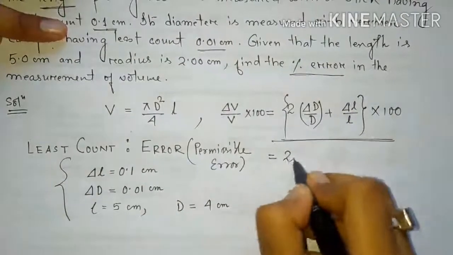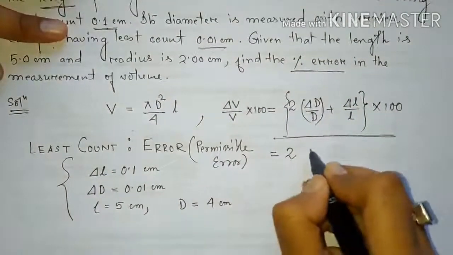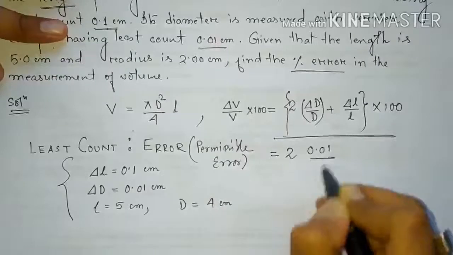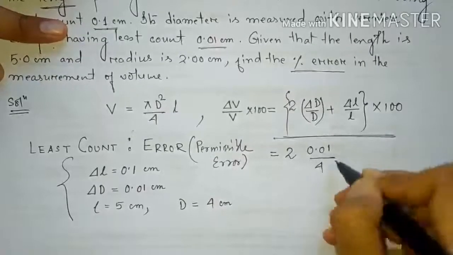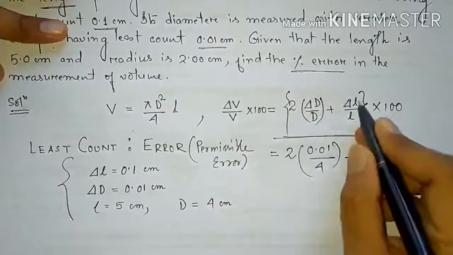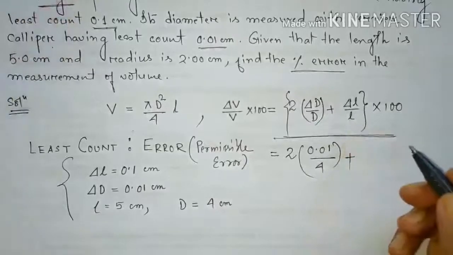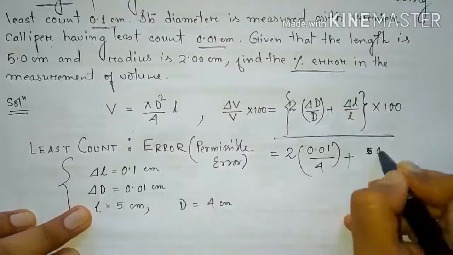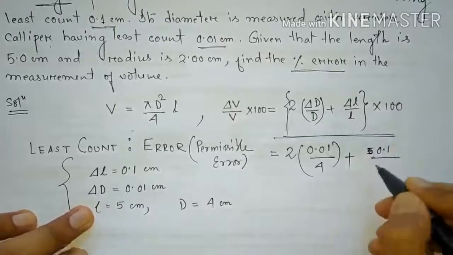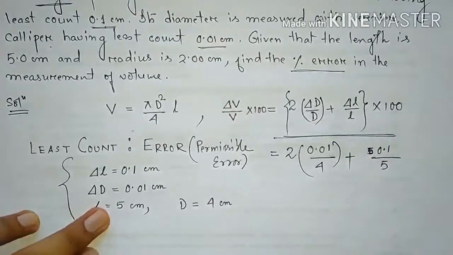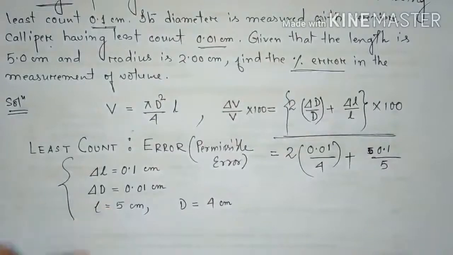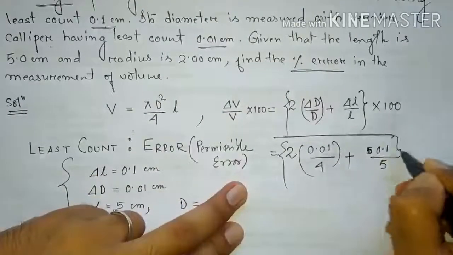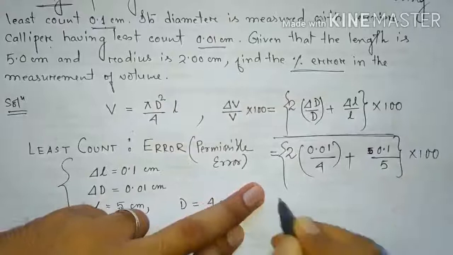Let us put these values one by one here and find the ultimate value. So 2 into delta D by D. Delta D is 0.01 divided by D, which is 4, plus delta L by L, so it is 0.1 divided by 5. The entire thing is multiplied by 100.